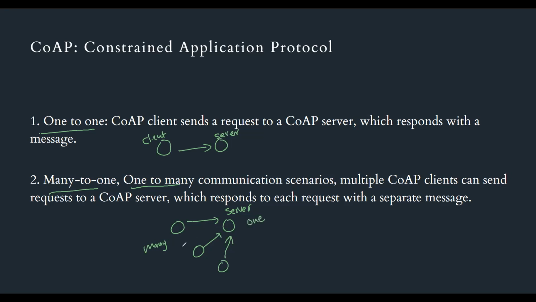So in that case, many-to-one communication is happening. And in that case, the server will respond to each of the clients individually with a separate message, right? And then the other way can also happen, where one-to-many communication can happen. So one server can communicate with multiple clients at the same time.